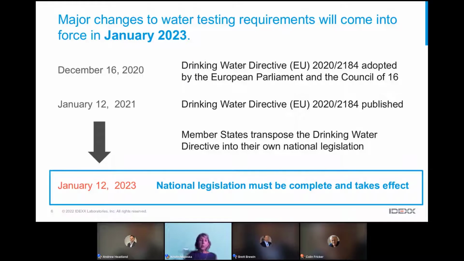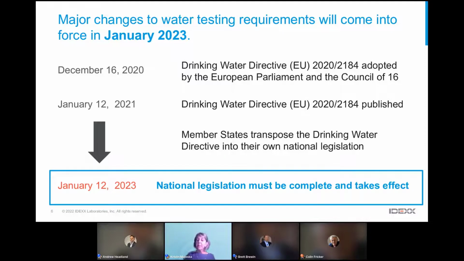Now, it's been more than 20 years since the previous version of the Drinking Water Directive was published. This latest version was adopted in December of 2020 after making its way through the European Parliament, the Council of the EU, and many rounds of negotiation.